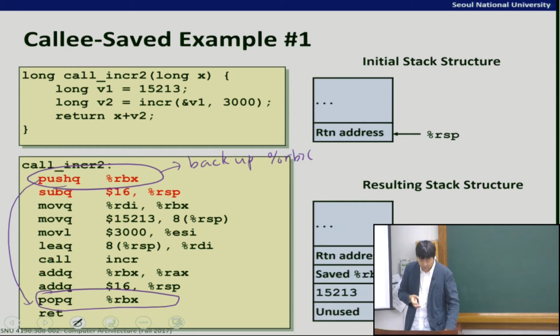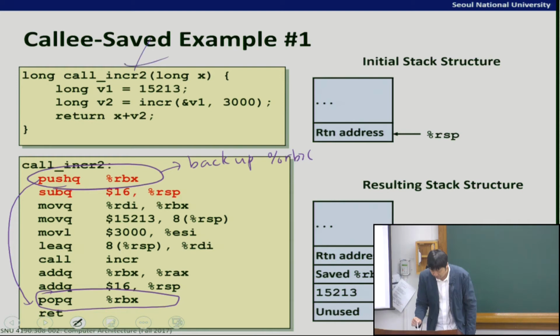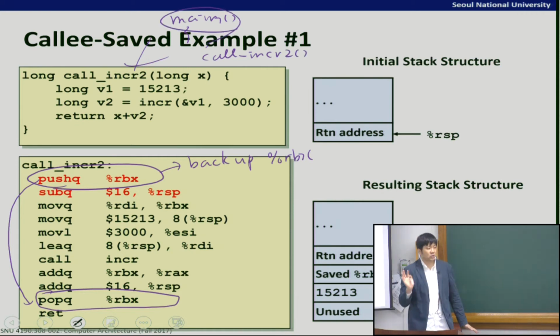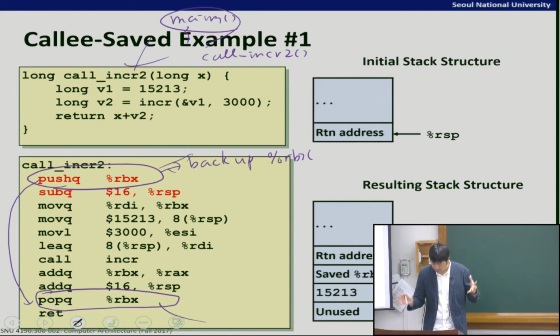So that means, from the caller's perspective, let's say there's another function, main, and the main function calls incr2. From the main function's perspective, the value of the RBX register doesn't change across the function call, right? Because it's already saved here and recovered before you return.